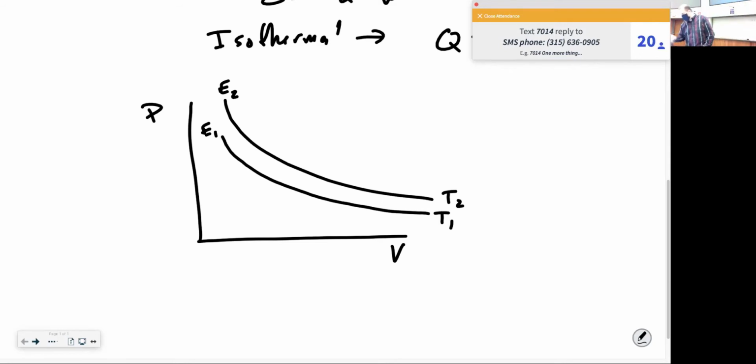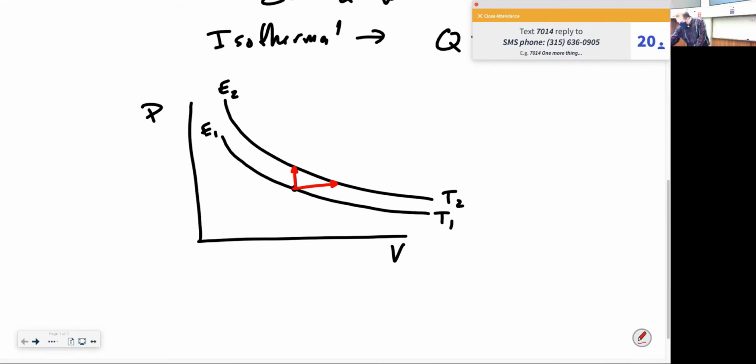You can imagine going from curve 1 to curve 2, in other words, changing the temperature of your gas in any number of ways, right? You can imagine starting at this point and doing it at constant pressure. You can imagine doing it at constant volume.